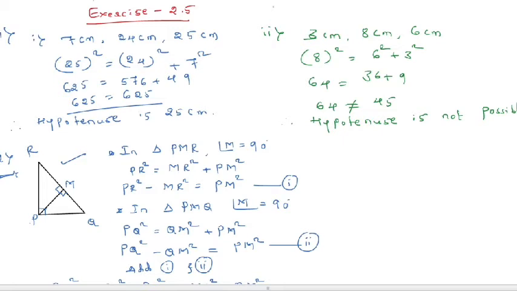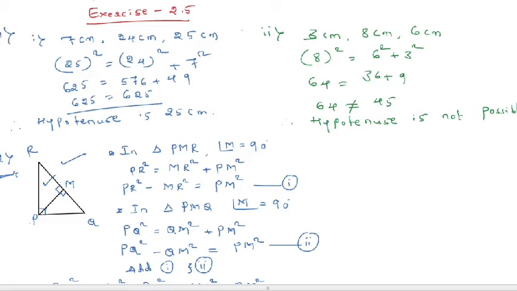See, it is perpendicular means it is also 90 degree. So, consider the triangle PMR. In a triangle PMR, angle M is equal to what? 90 degree. It is by construction.